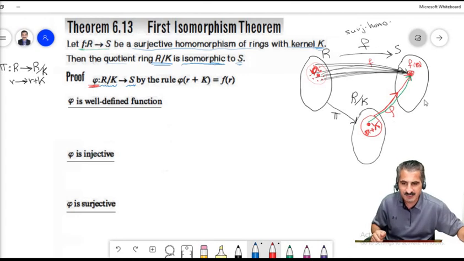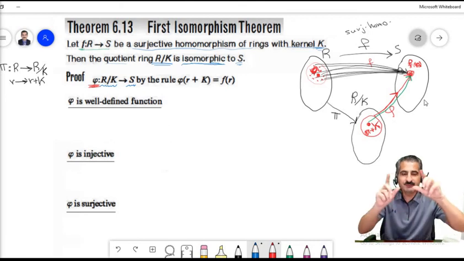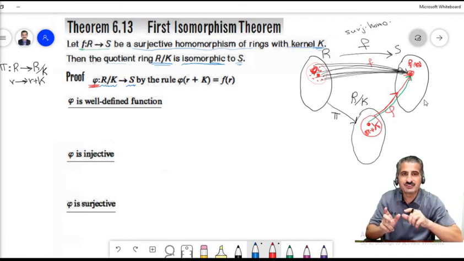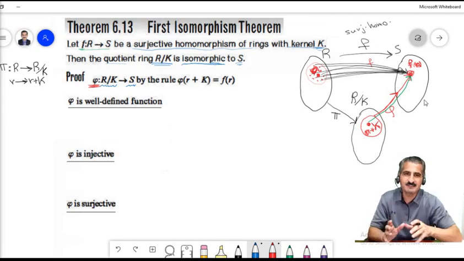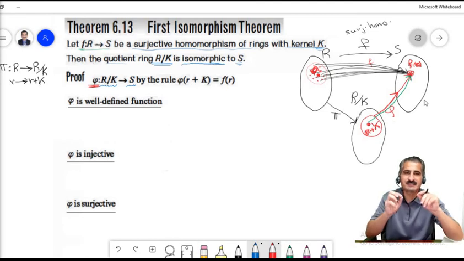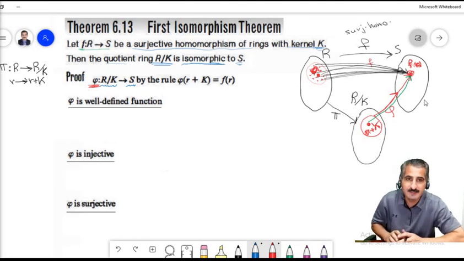So taking this element small a to its image f of a, we would like to take all elements in the ring R that go to the same place as A. All elements of the ring R that share the image of A. But it happens that all these elements are precisely exactly the coset of A with respect to K, the kernel.